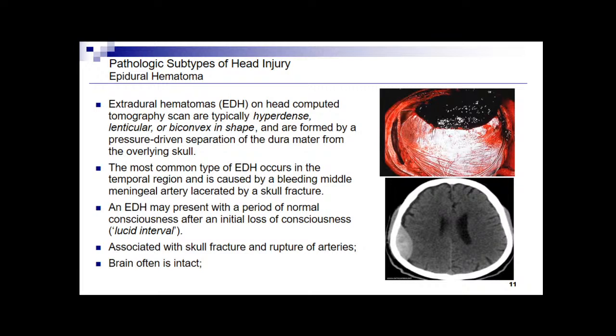Brain often is intact because the injury is superficial, not penetrating. The depth of injury is not significant, and in many cases the dura mater remains intact in epidural hematoma.